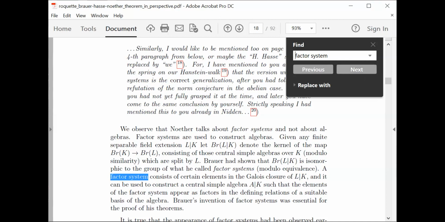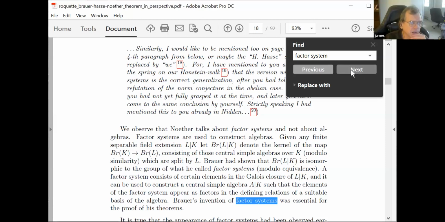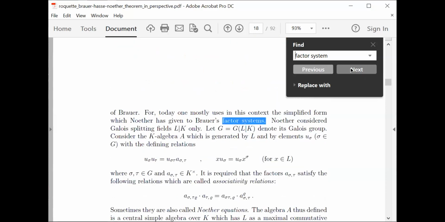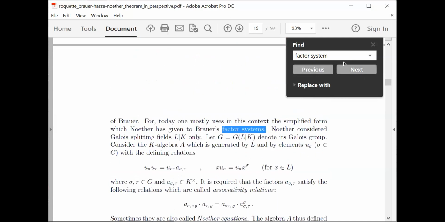And these factor systems, they're really co-cycles, I think two co-cycles. And so the idea is you can soup up the construction I just described.